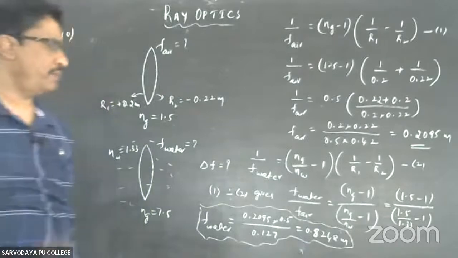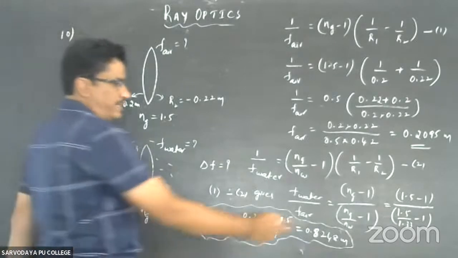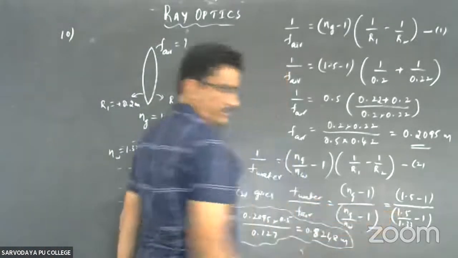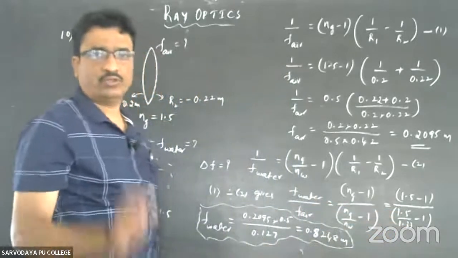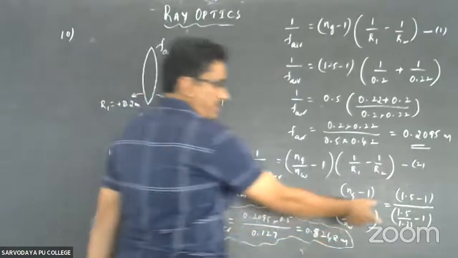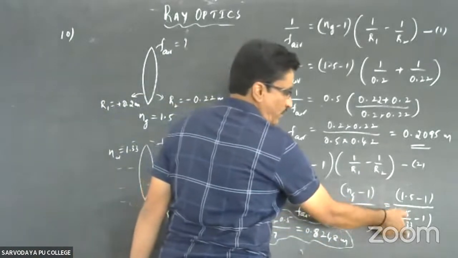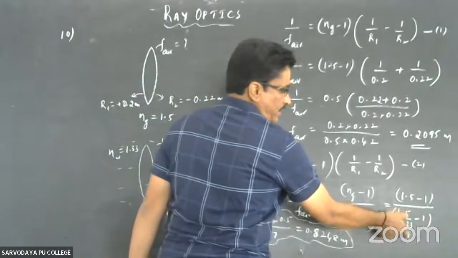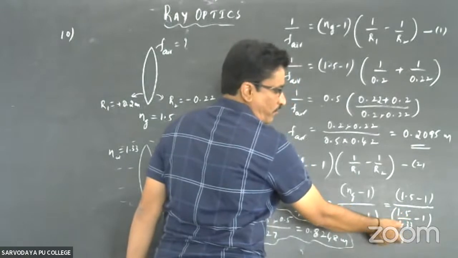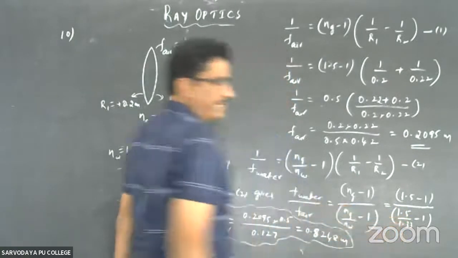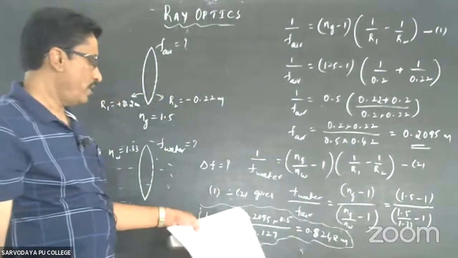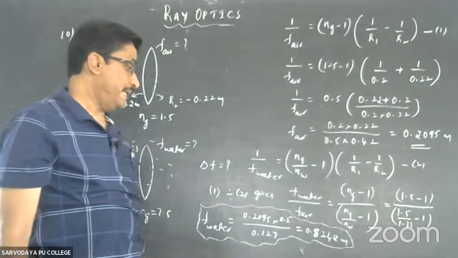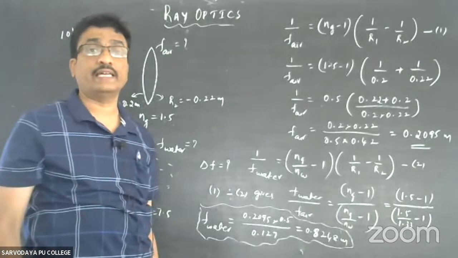But another important point you have to remember: 1.5 is 3 by 2, and 1.33 is 4 by 3. If you consider these, 3 by 2 divided by 4 by 3 gives 9 by 8, therefore 1 by 8 you will get. That means the focal length in water becomes 8 times the value in air.